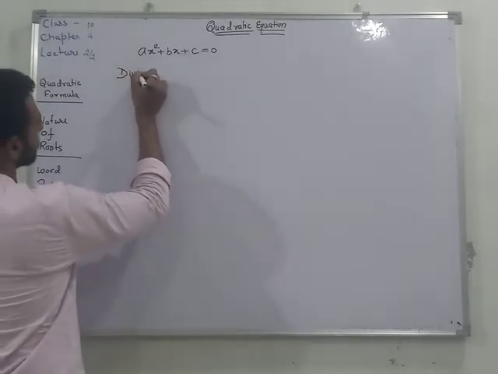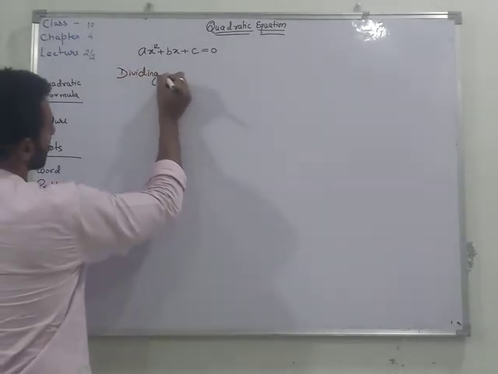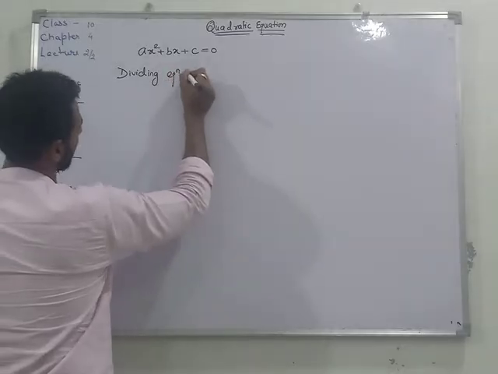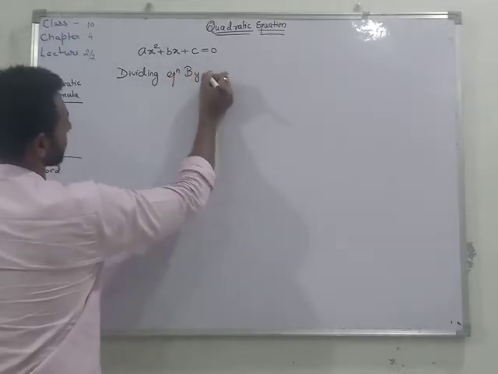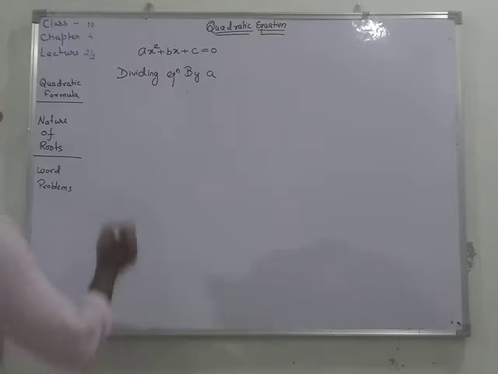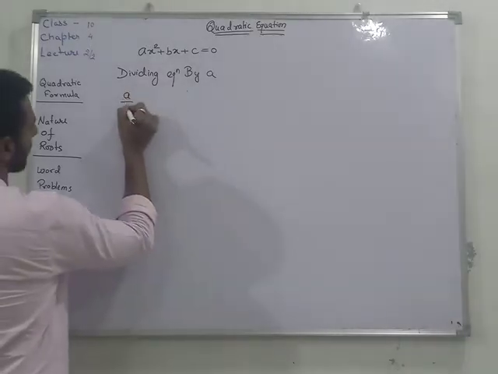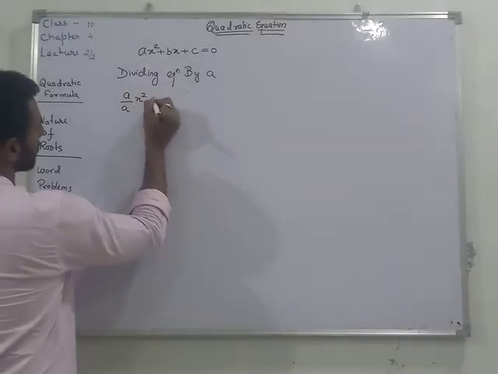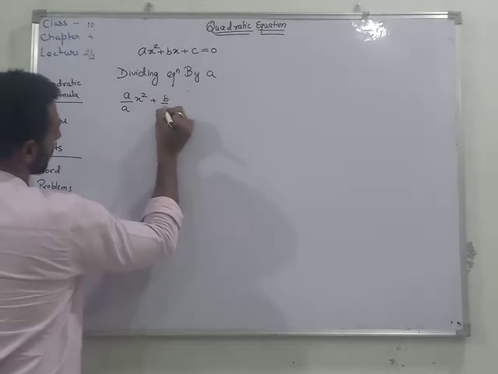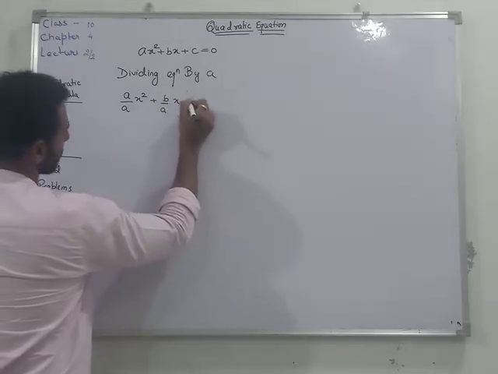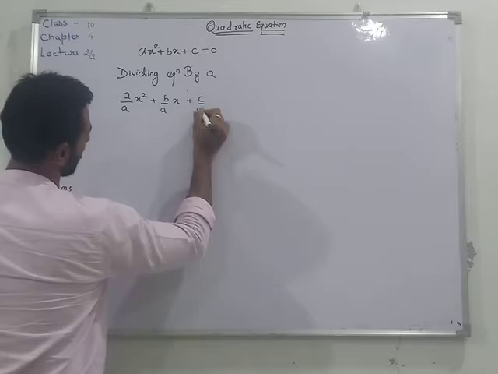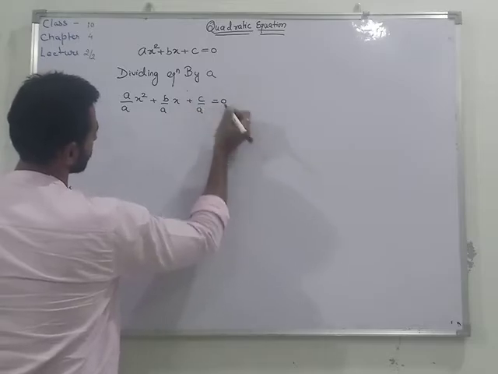So we will be getting a by a x square plus b upon a x plus c upon a is equal to 0.